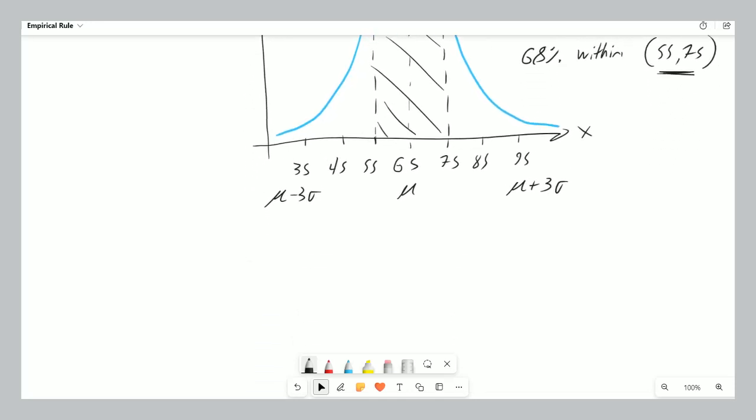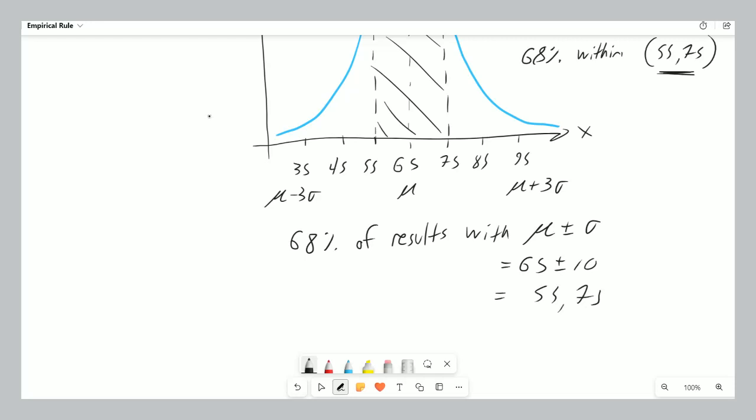Right? So that's the first part of the empirical rule, that 68% of results are expected to be within the mean value plus or minus sigma, which in our case is 65 plus or minus 10, which is 55 to 75.